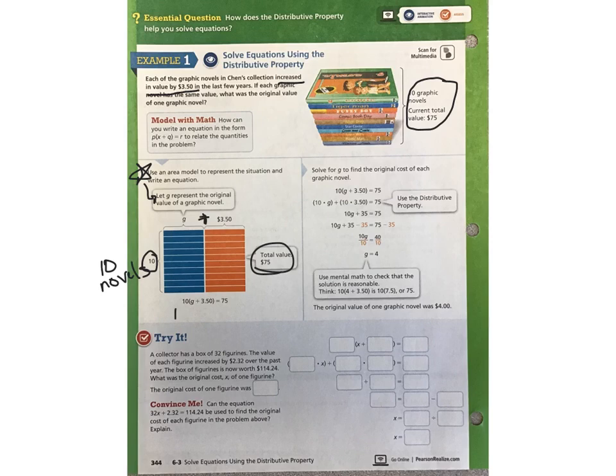So 10 times the price of one graphic novel plus the amount that it increased is going to be the $75. So g is that original cost, and then the 10 is how many novels there are in that stack.